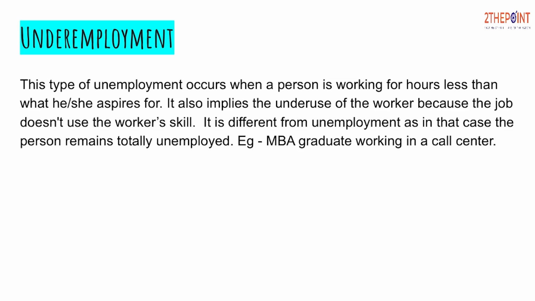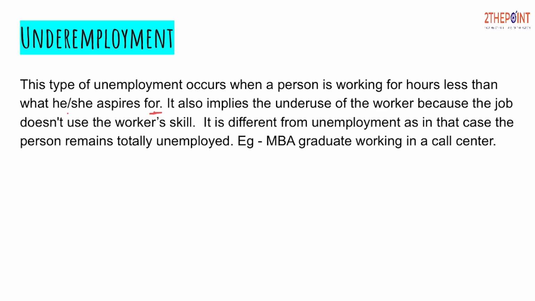This type of unemployment occurs when a person is working for fewer hours than what he or she aspires for. It also occurs, yes, let's suppose the company has promised that there's a 9-hour work that you will be given, but they actually give you 2 or 3 hours of job, or let's say 3 or 4 hours of job. So this is also underemployment.